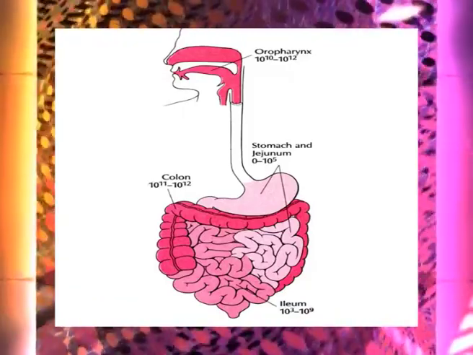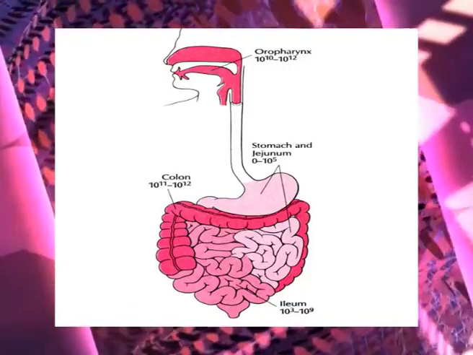NADPH cytochrome C reductase is also able to catalyze the reduction of nitro compounds. These metabolic conversions may also be brought about by gastrointestinal anaerobic bacteria.